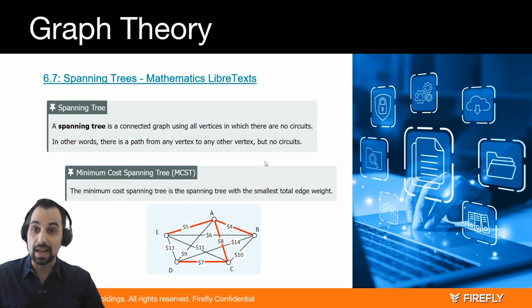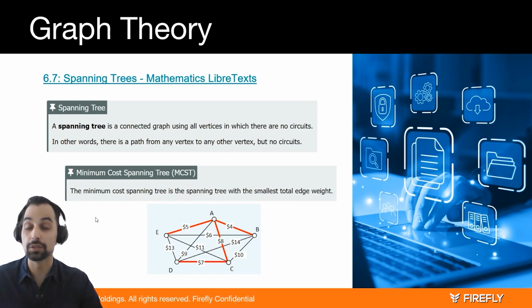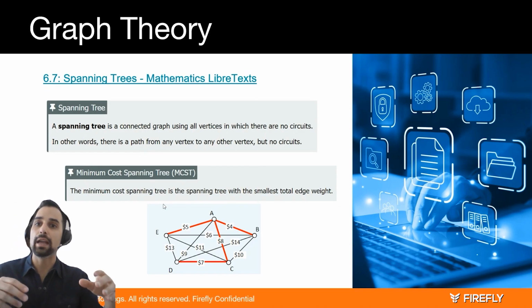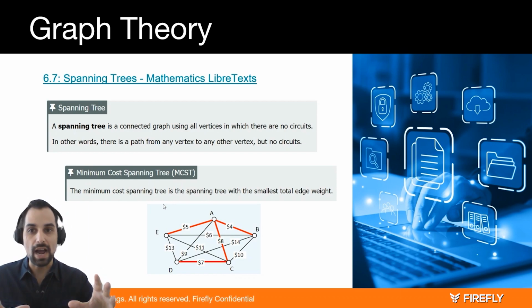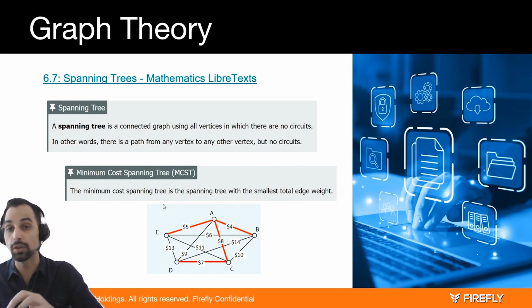And last but not least, about graph theory and why this is useful for our spanning tree discussion, is that we can discuss the minimum cost spanning tree. So now I not only have a graph, but I also have a graph that has costs to reach from one node to the other.